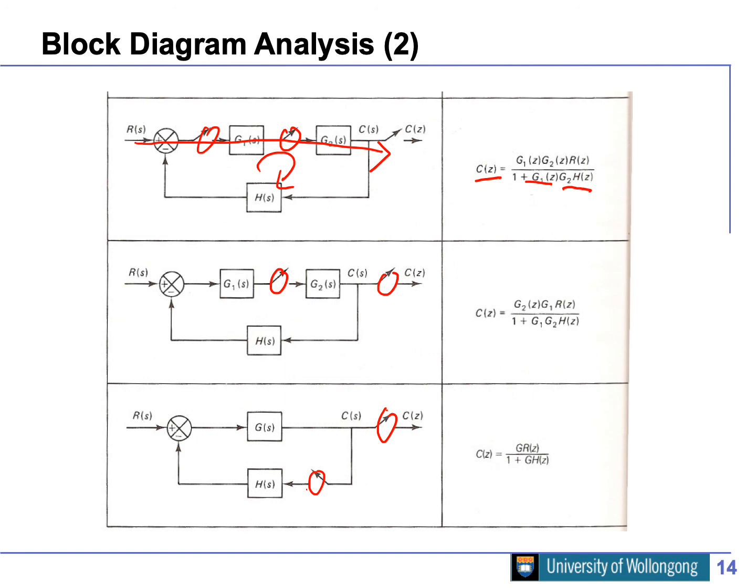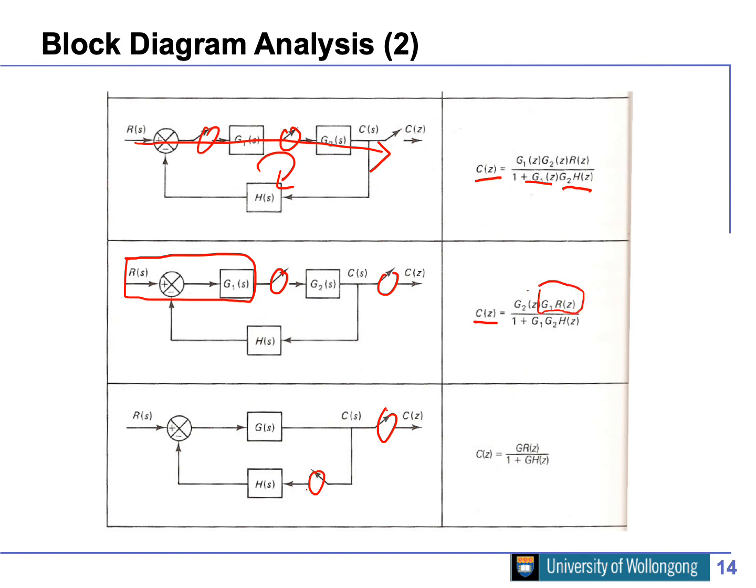Third case is here. Again, output is equal to the input multiplied with this forward chain. Again, these two are separate, so you get G1(z). Oh, this is different, because you see these two actually have no sampling between them. So you multiply R(s) with G1(s) first, then you convert to Z. That's this part.